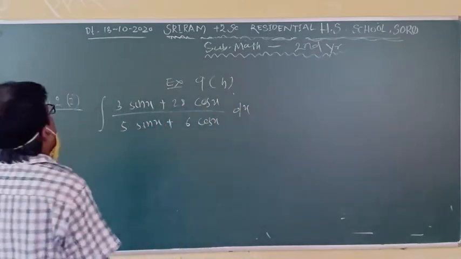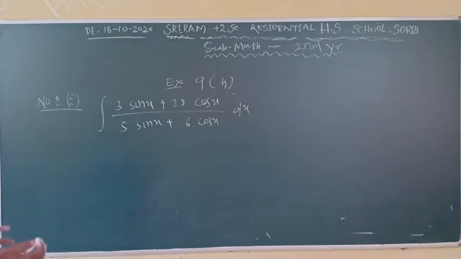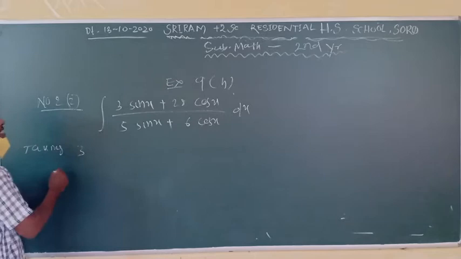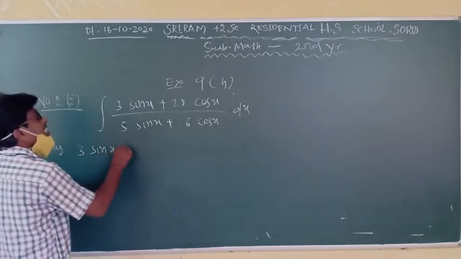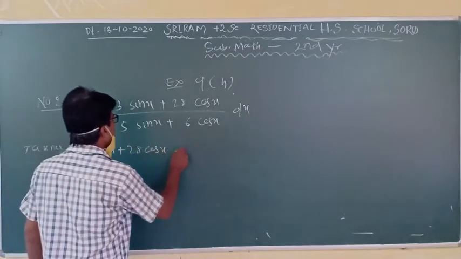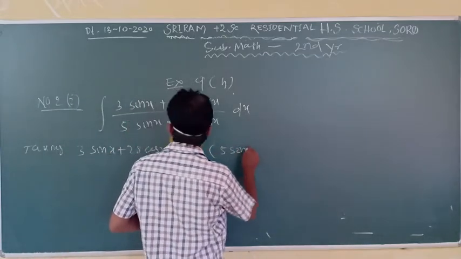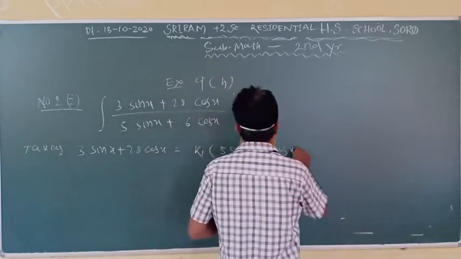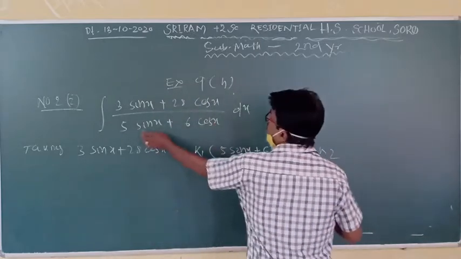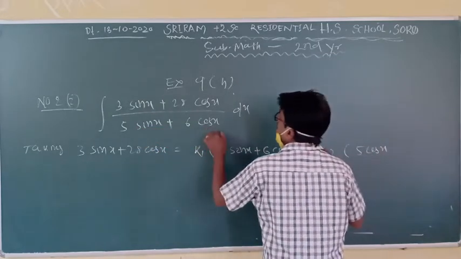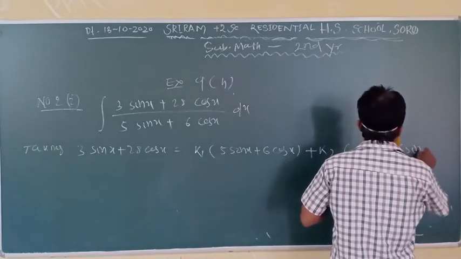You look, the denominator is 5 sin x plus 6 cos x, where the numerator is 3 sin x plus 28 cos x. So I have broken it in this way. Factorize the numerator: 3 sin x plus 28 cos x is equal to k1 times the denominator, 5 sin x plus 6 cos x, plus k2 times the derivative, 5 cos x minus 6 sin x.